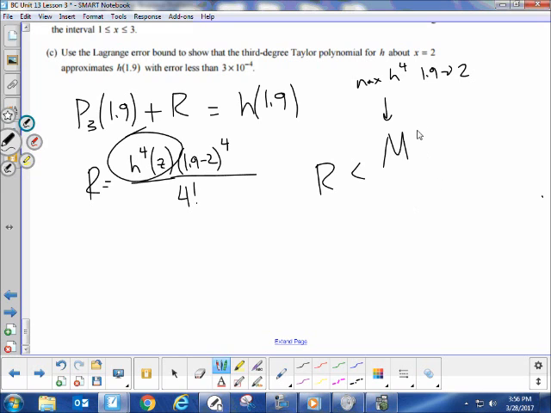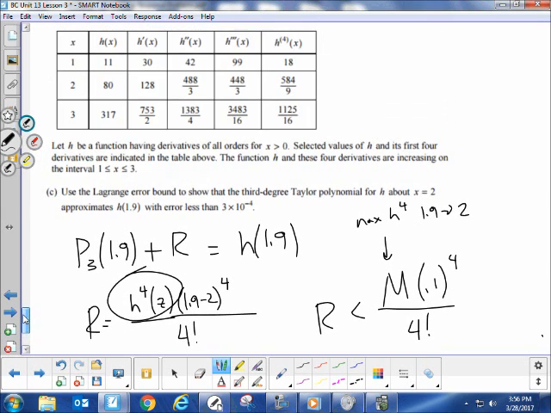So times 0.1 to the fourth, it's negative 0.1 to the fourth, but that's fine, times 4 factorial. And let's look at this. So I don't have 1.9, but I'm told that these four derivatives are increasing on the interval. So I believe they're increasing in every direction.